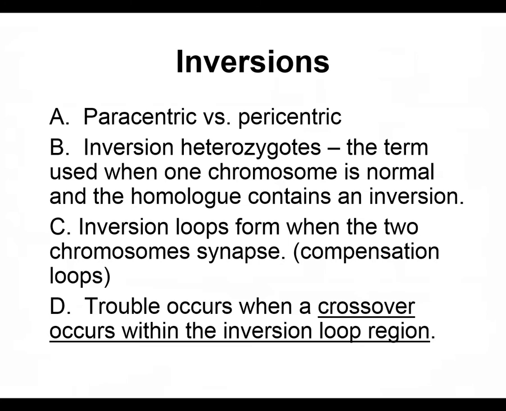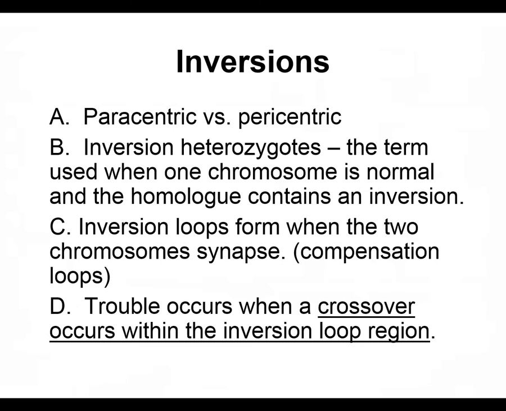But a pericentric inversion is where you have one breakpoint on the long arm and one on the short arm, and so when the piece flips over and reattaches, it does include the centromere. So not a huge difference, just a classification consideration.